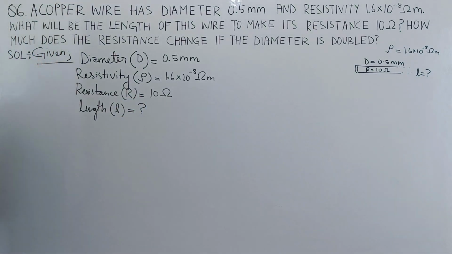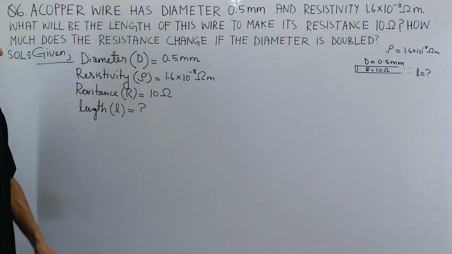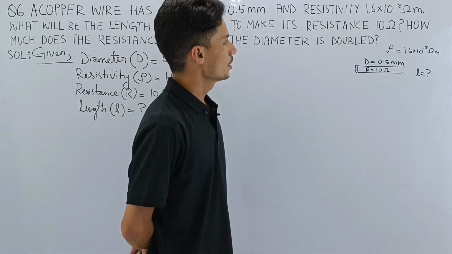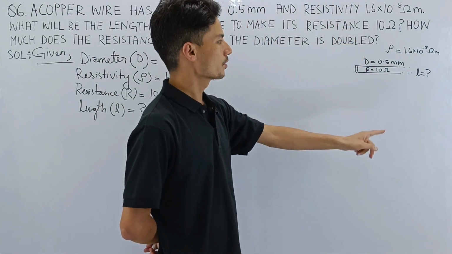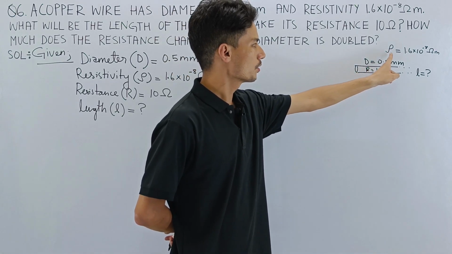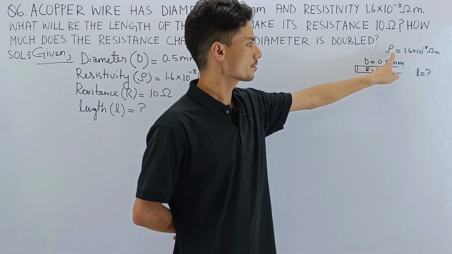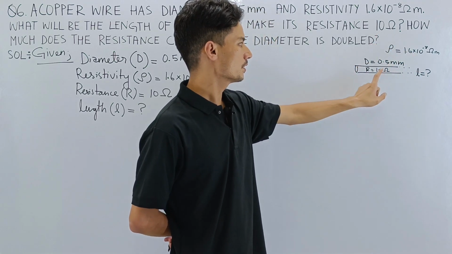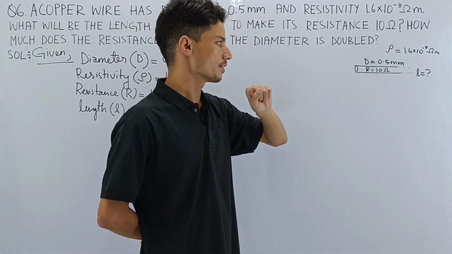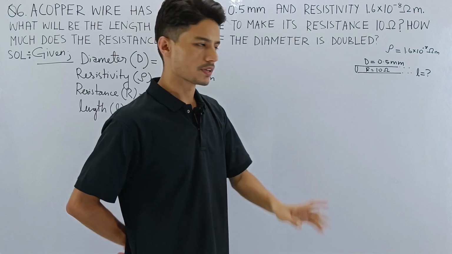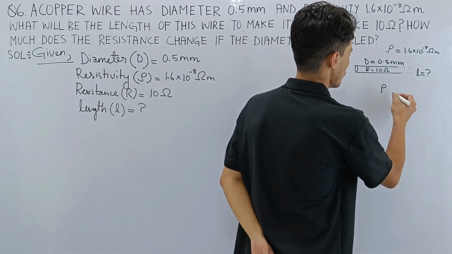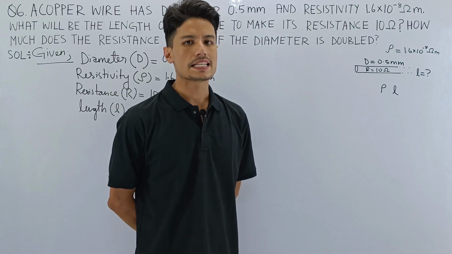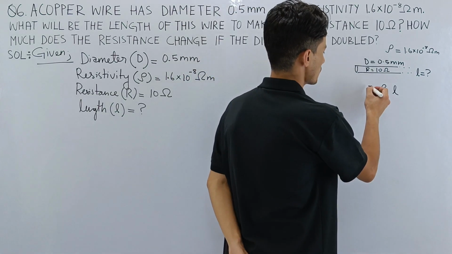Now, which formula are we going to use here? We are going to use the formula where these values will be handy. We are given the value of resistivity, rho is there, L is there, and then diameter and radius are there. So name a formula which has got rho and L. Yes, the formula is that of resistivity.